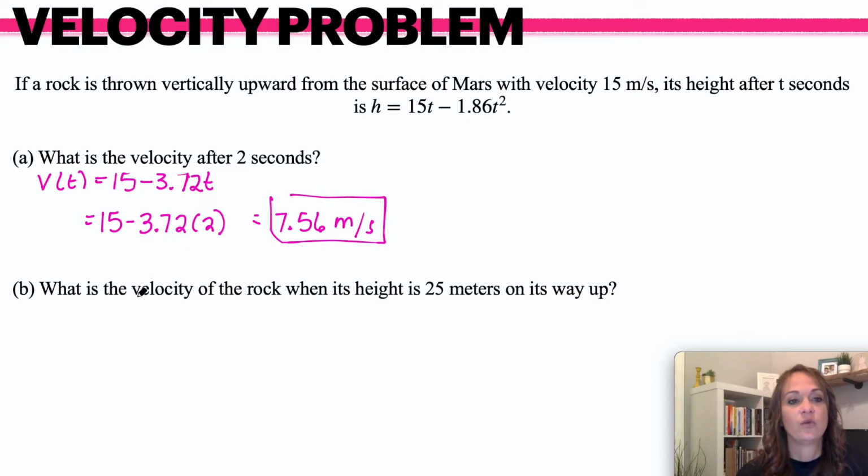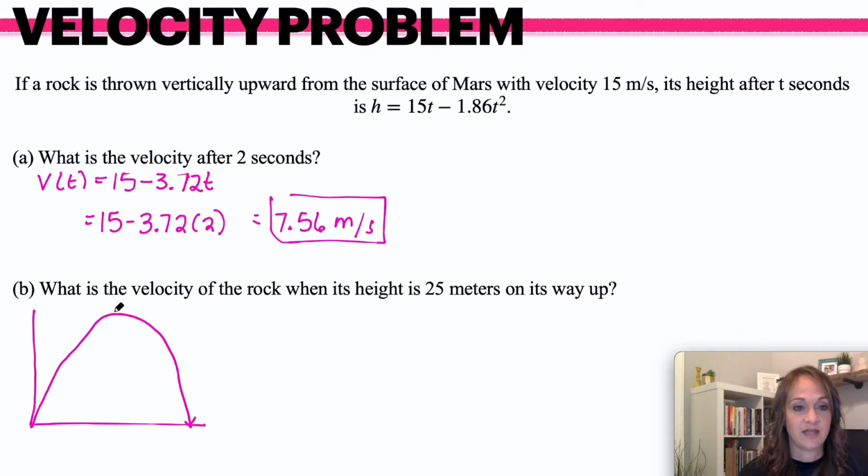Now they want to know what is the velocity of the rock when the height has reached 25 meters on its way up. So what it is saying is if you were to graph the position of the rock, it is thrown upward and then it's going to eventually come back down. 25 meters, let's say, is here.